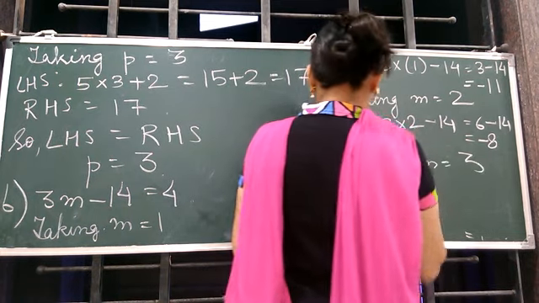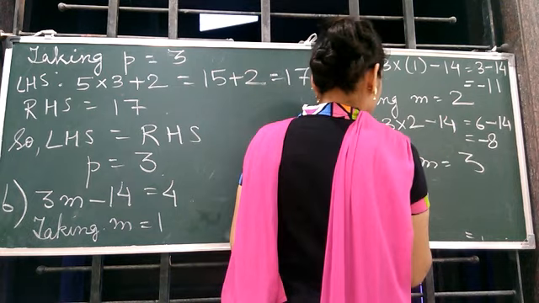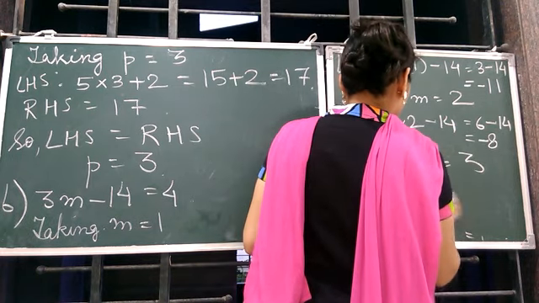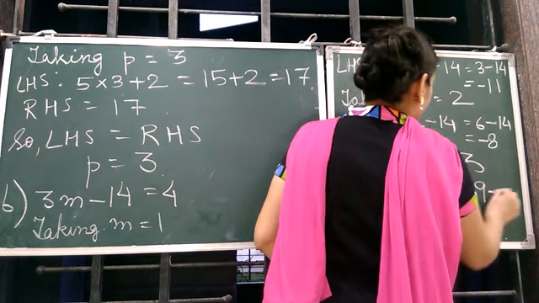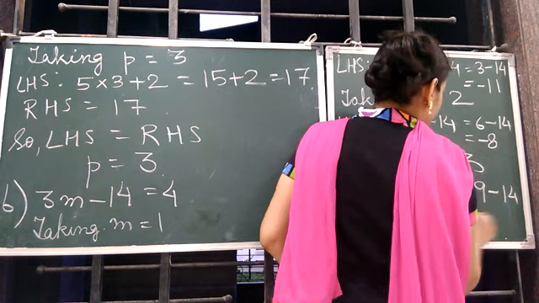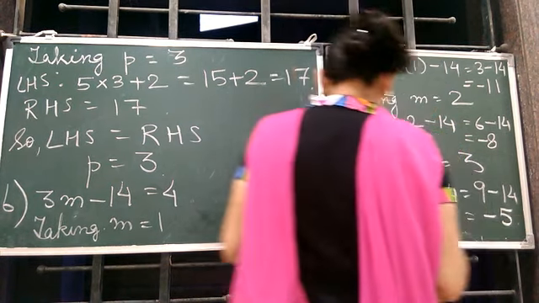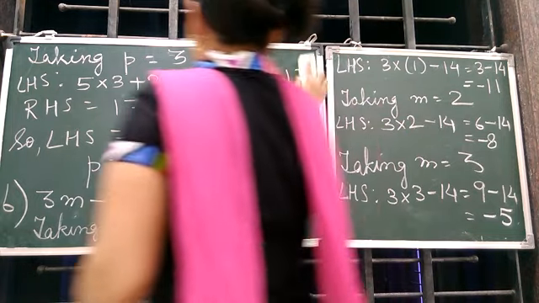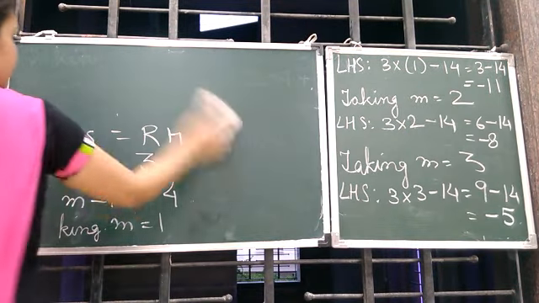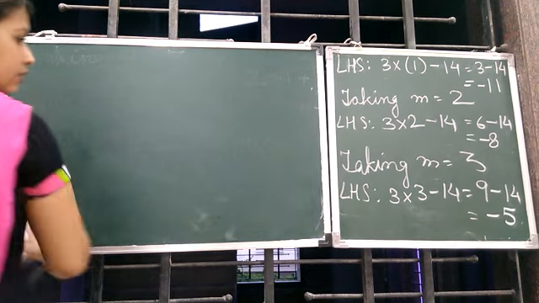m is equal to 3. 3 into 3 minus 14. 9 minus 14, which is equal to minus 5.